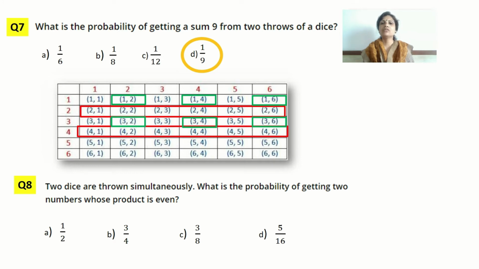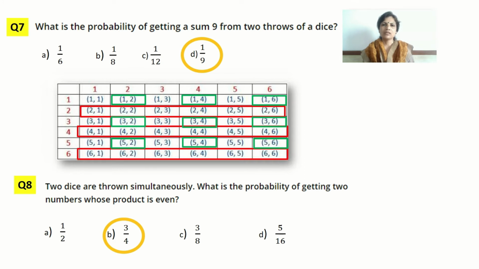Next row, this 3 is even. Next row, again all the combinations are even. Now if you count this, these are 27 outcomes. So probability will be 27 upon 36. Reduce it to lower terms, and your answer is 3 upon 4. So option B is the correct option.